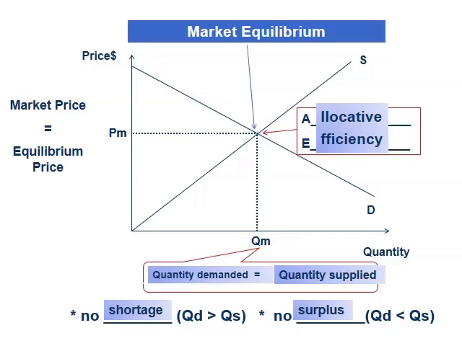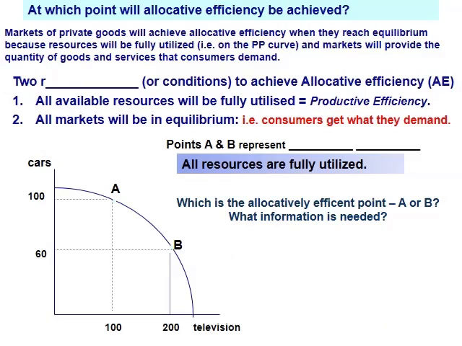Now we're going to use this new terminology to expand our definition of market equilibrium. But before we do that, let's look at the following. Now markets of private goods will achieve allocative efficiency when they reach equilibrium, because resources will be firstly fully utilized.